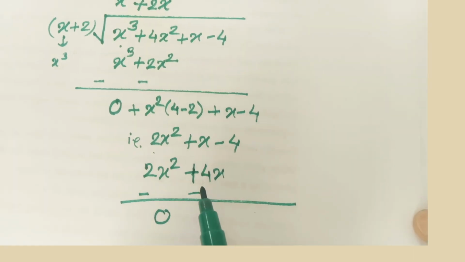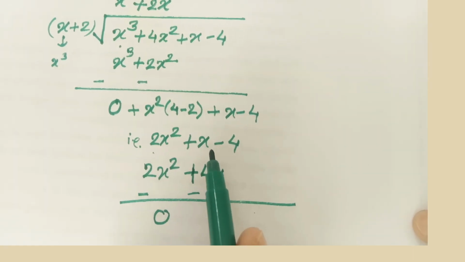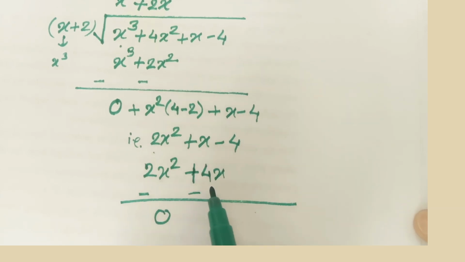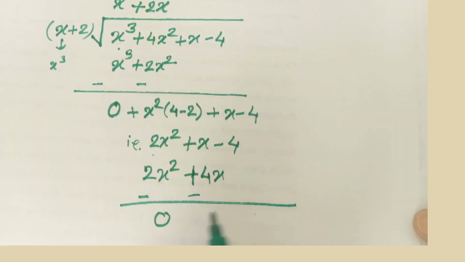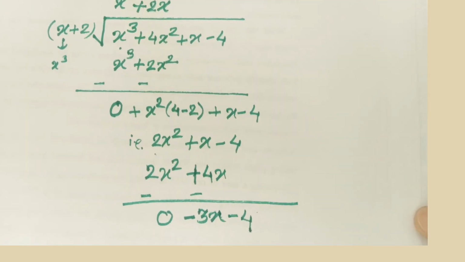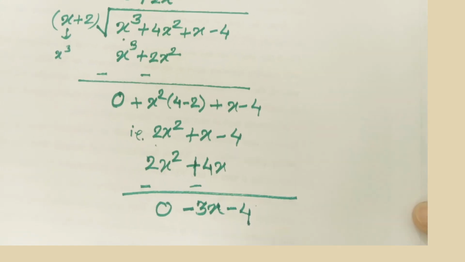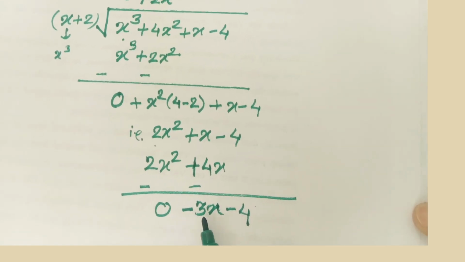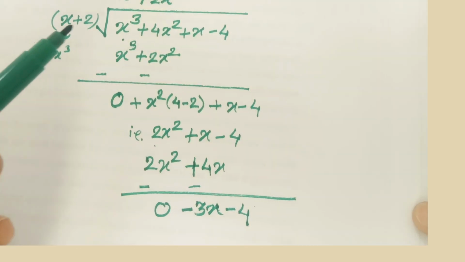Next term is x minus 4x. Again you can take x common and then 1 minus 4, or directly write 1 minus 4 is minus 3, so here the subtraction is minus 3x, and the last constant minus 4 as it is. Now the new polynomial contains minus 3x minus 4, and we want to divide it by x plus 2.